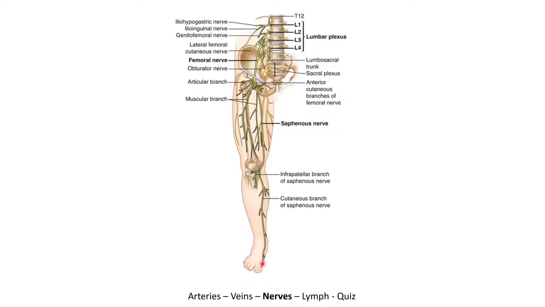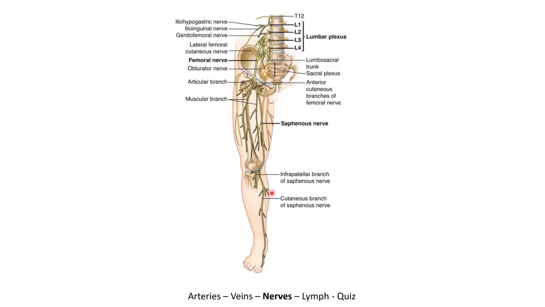Nervus saphenus. So infrapatellar branch, and here is the cutaneous branch. It will supply the medial side of the leg and also the medial side of the foot, which again makes sense because it is closely associated with vena saphena magna, and vena saphena magna starts as vena marginalis medialis, so makes sense. Everything comes together. Hope you get it.